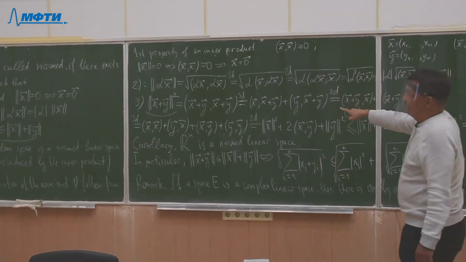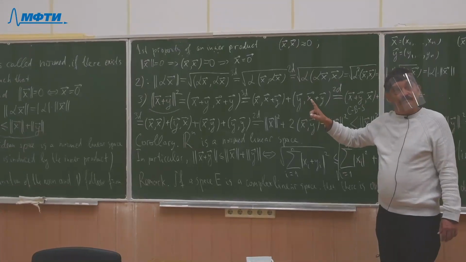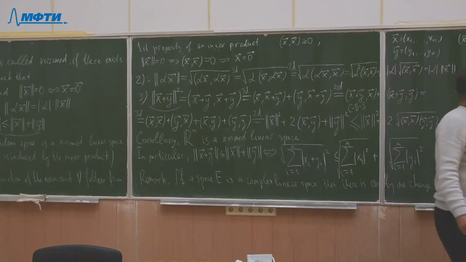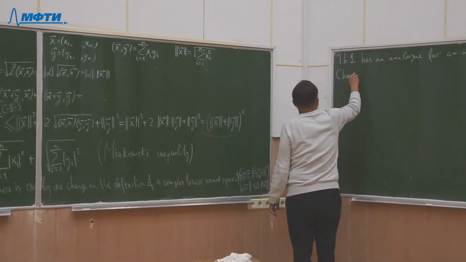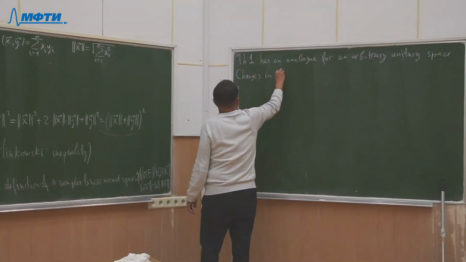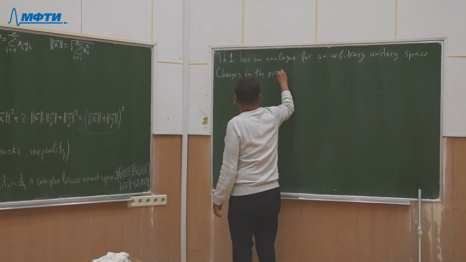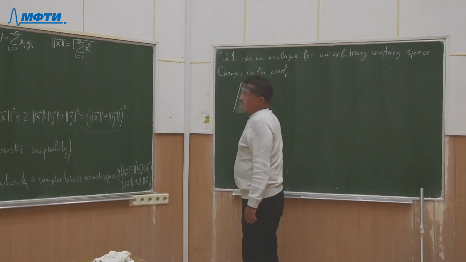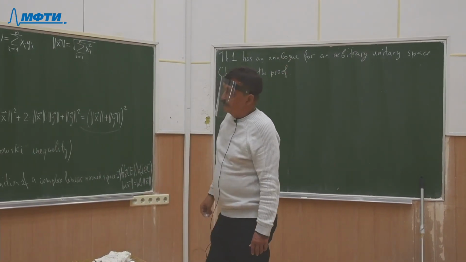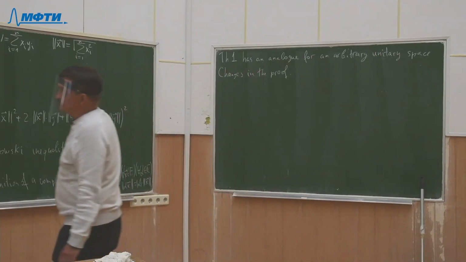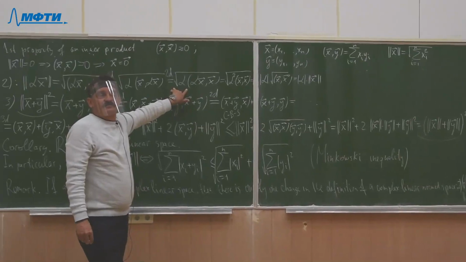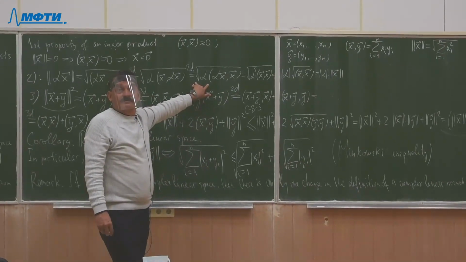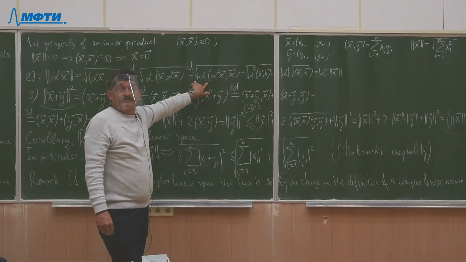Yeah, the proof should be modified. So, changes in the proof. What should be changed? Look, here the second property is different for unitary spaces, right?